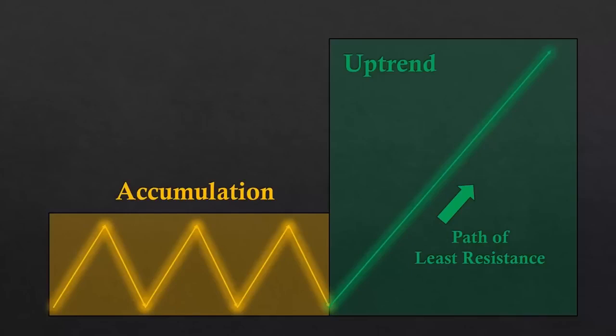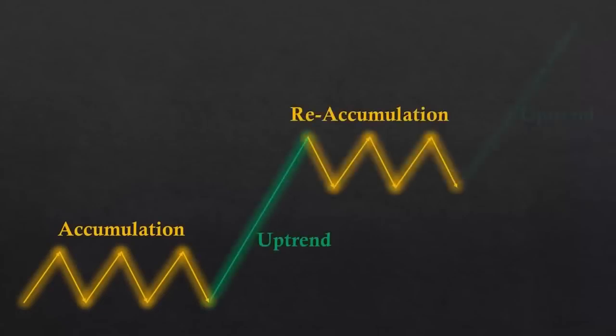One important detail here is that an uptrend is not necessarily followed by a distribution. There is the possibility of a reaccumulation phase where buyers will accumulate positions in order to free space to the upside so that the uptrend can continue. This means that there isn't a set number of waves in an uptrend like there is on the Elliott wave theory.